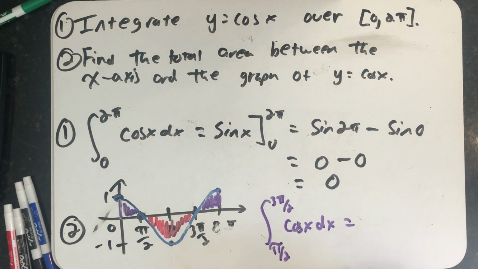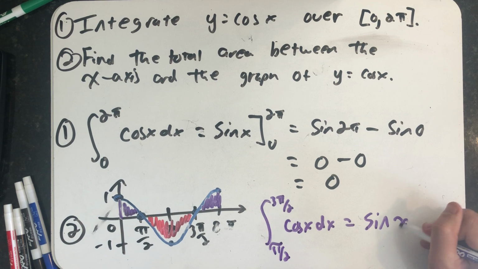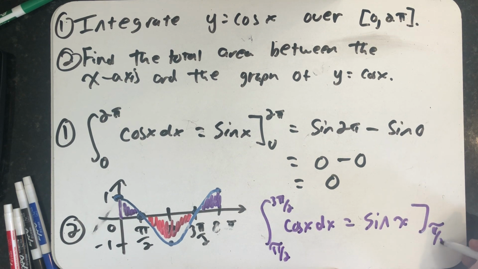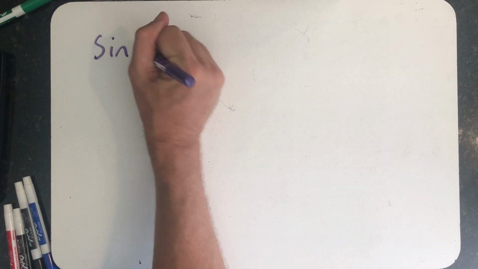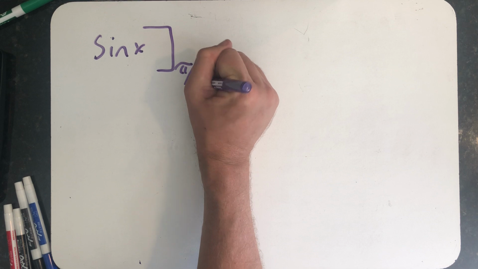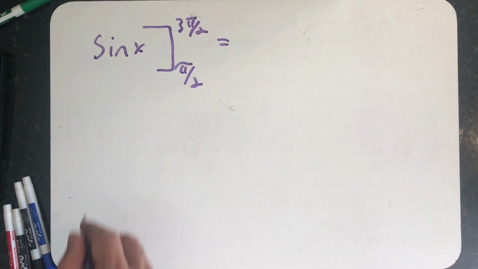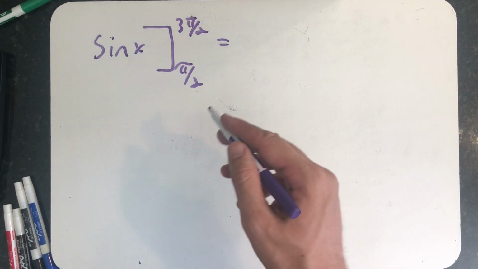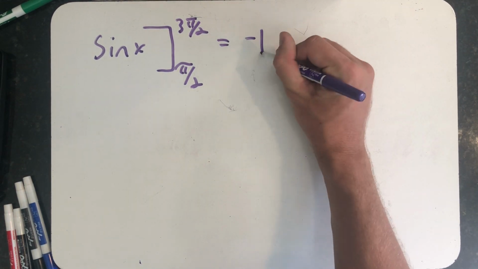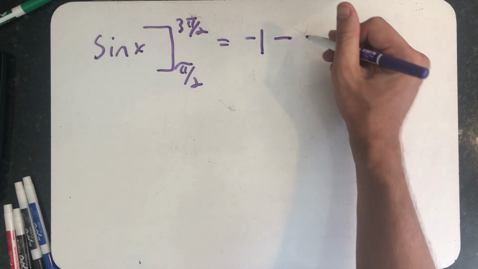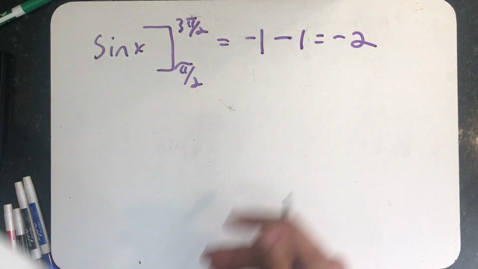Well, I already know the antiderivative of cosine is sine, and so I'm just evaluating from pi halves to 3 pi halves. Well, the sine of 3 pi halves is minus 1, minus the sine of pi halves, which is 1. I get minus 2.